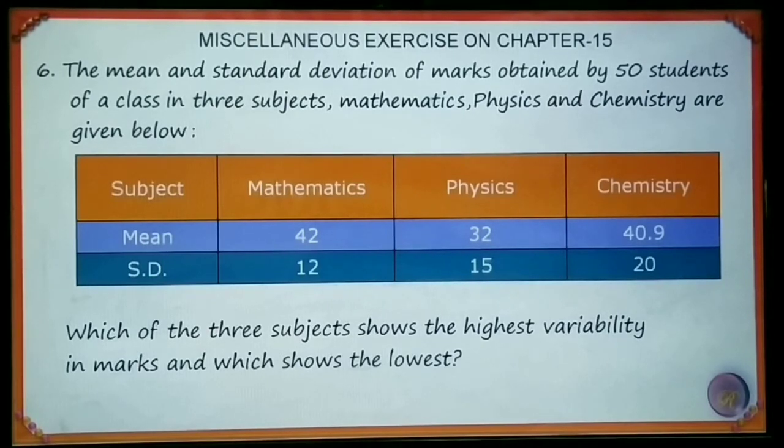Which of the 3 subjects shows the highest variability in marks and which shows the lowest? So, what are we supposed to find? We are supposed to find the coefficient of variation of all the 3 subjects.